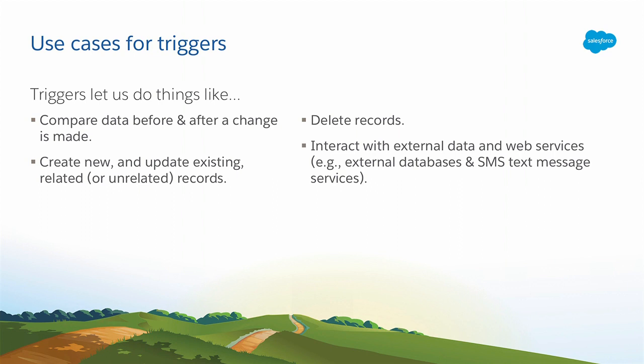But it allows you to compare data before you make a change and after you make a change, and depending on what those changes are, then you can set off a whole bunch of actions. It also allows you to create new and update existing records that are related to whatever records you're changing, or even work with unrelated records.